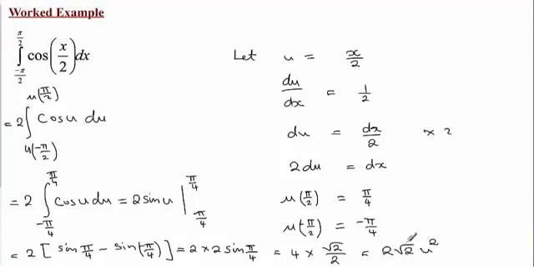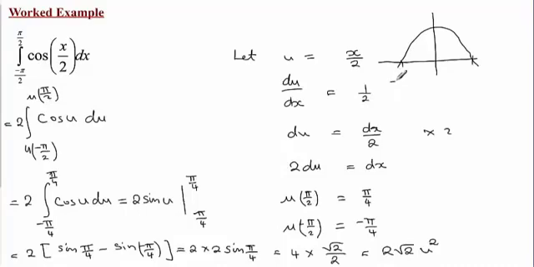So just reminding you that this figure here will be numerically equal to the area of this graph between minus pi over 2 and pi over 2. As you know, around the origin, cosine would have a curve like this, which is symmetric.